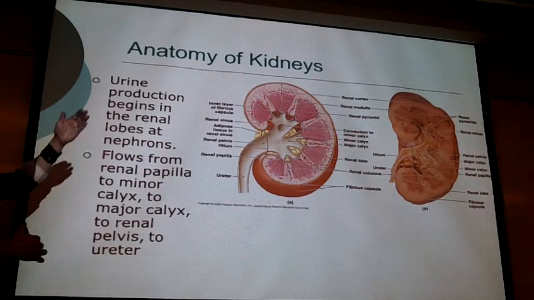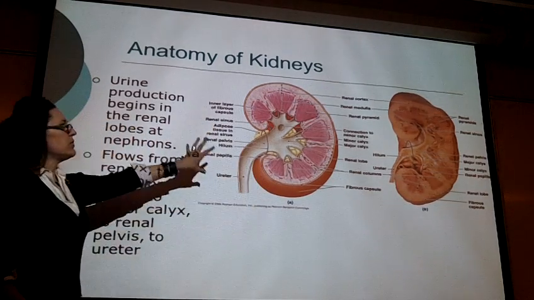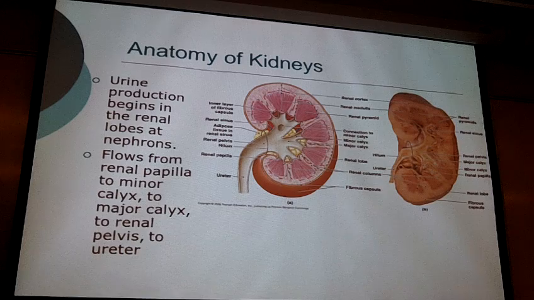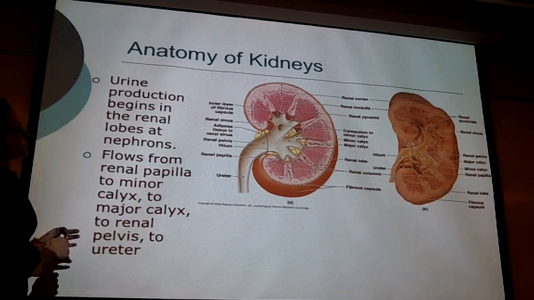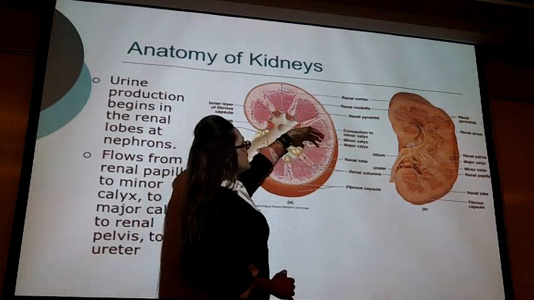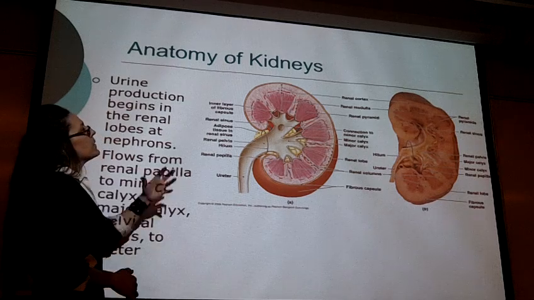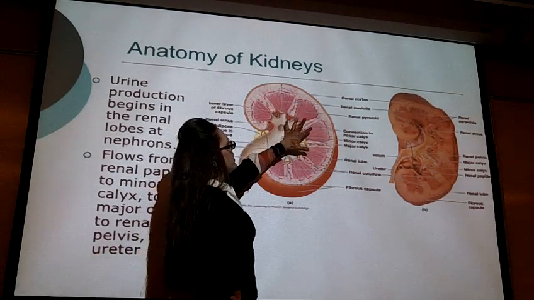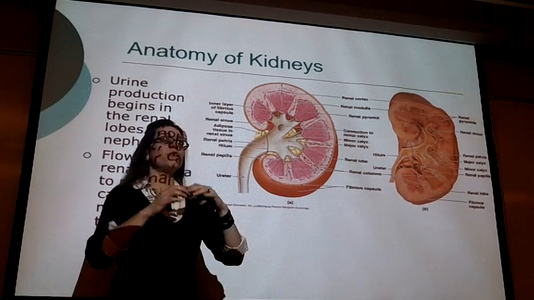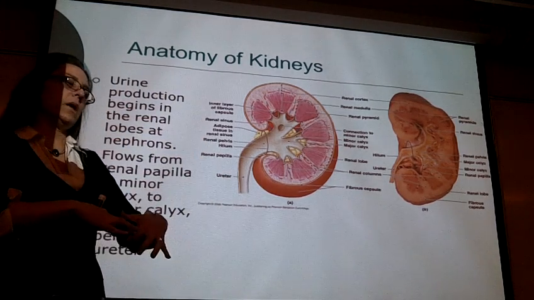Now, when we cross-section a kidney and look inside of it, we can see that there are things going on here inside of the kidneys. So what we're going to do is we're going to talk about how blood flows in and out of the kidneys. We'll do that here in a minute. But we're going to take that blood that comes in, and we're essentially going to filter that blood. And we're going to take a lot of stuff out of the blood.